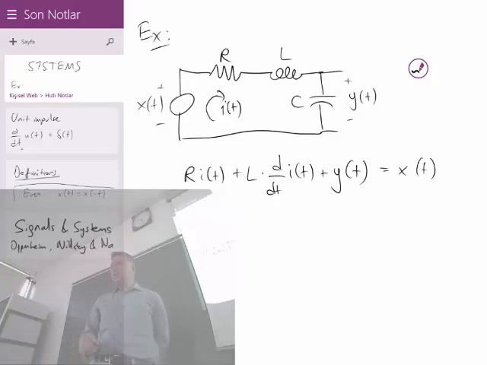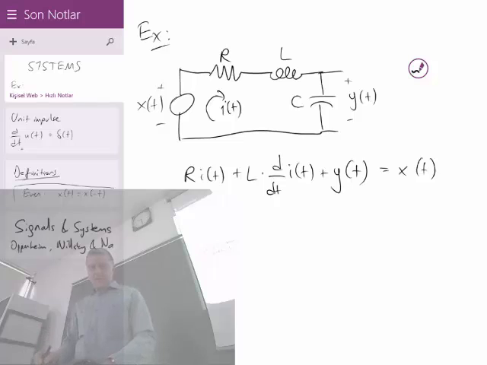This is one equation that connects y of t to x of t, but it uses one extra auxiliary dummy function, I of t.